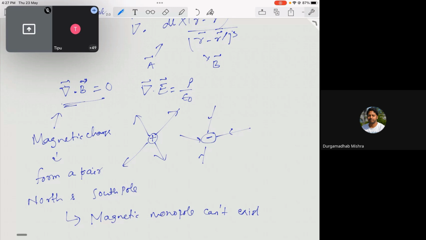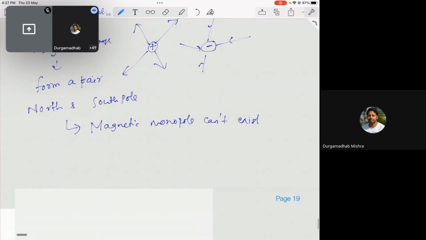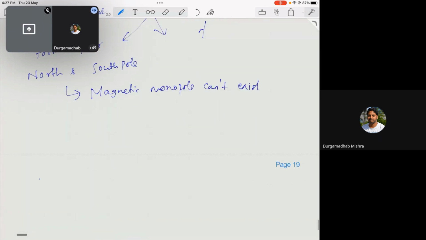Okay, and also we can calculate the curl of B. Using the same expression of B, we can calculate the curl of this vector function.